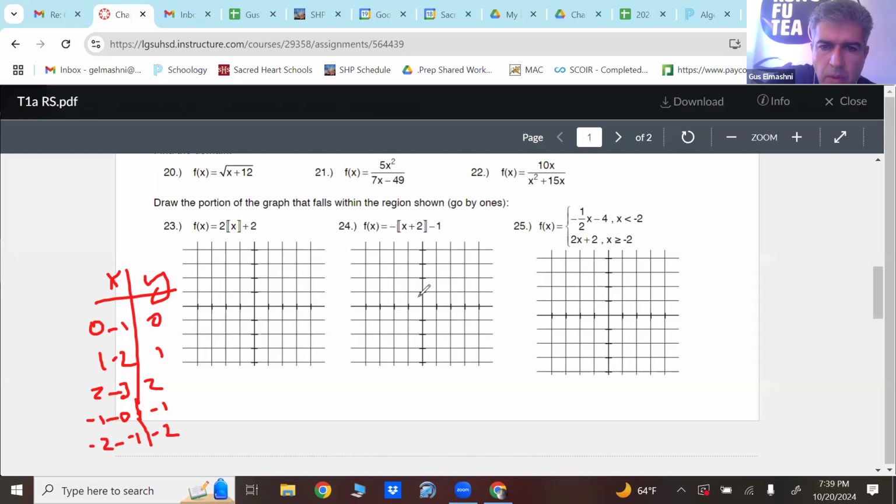So what I want to do is go 2 left. It's over here now. Flip over the x-axis, which just stays where it is, and then go 1 down. So it's like that.